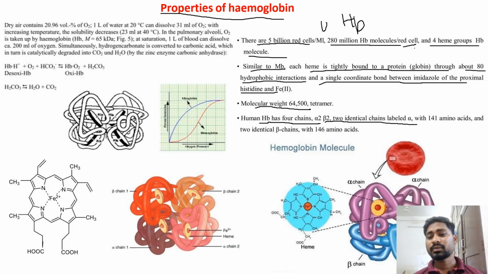Two identical chains labeled alpha with 141 amino acids, and two identical beta chains with 146 amino acids. These are all very important, you have to understand. This is alpha, and this is also alpha. This is a heme.